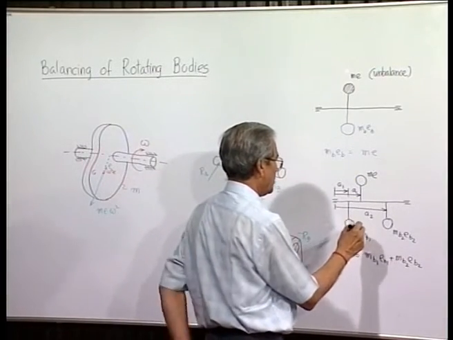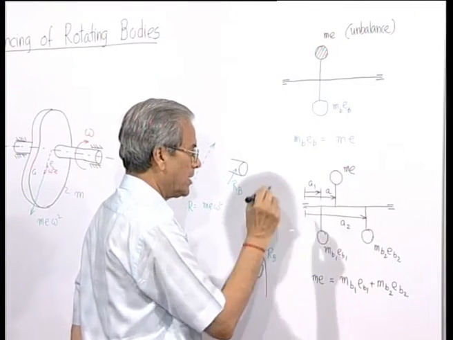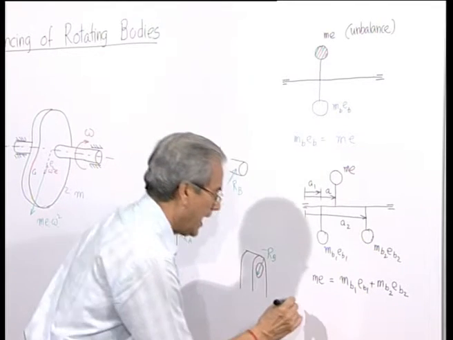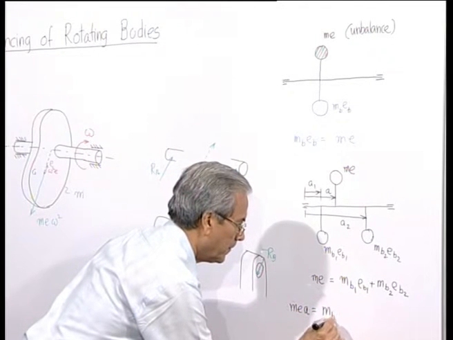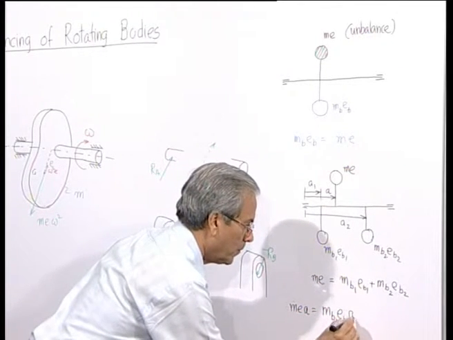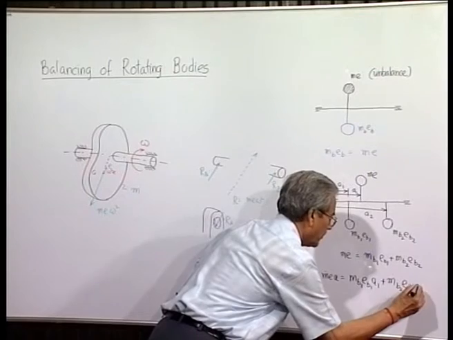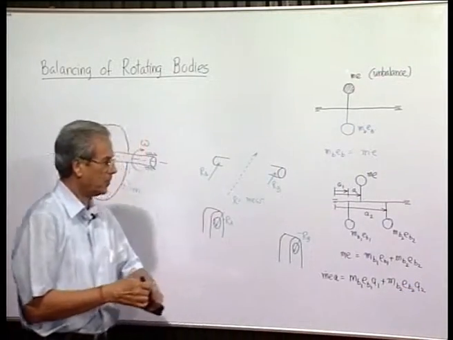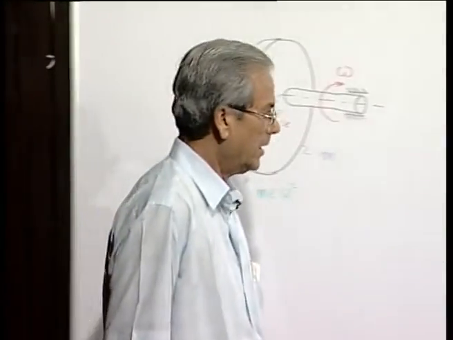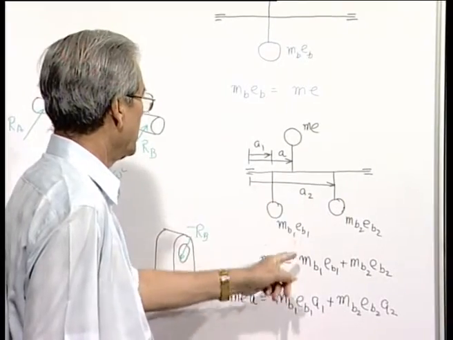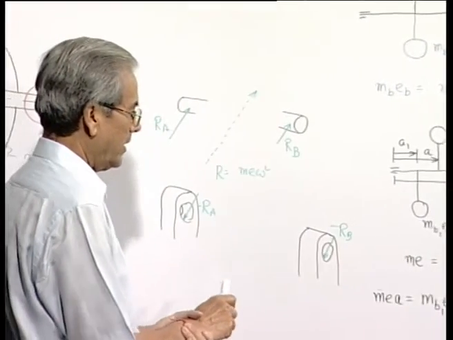Now, the condition which tells that the resultant of these two centrifugal forces will pass through this point, you all know from basic mechanics, is this. This is the condition to be satisfied if the resultant of the two has to also pass through the same point along which the original unbalanced centrifugal force is acting.